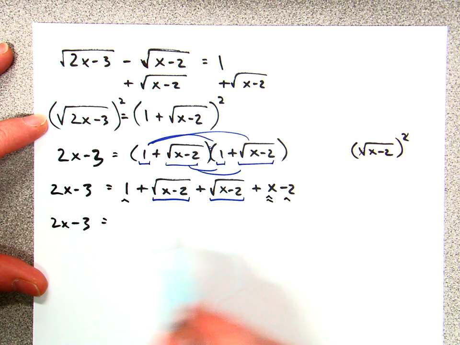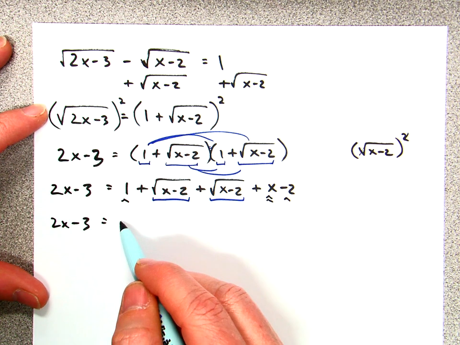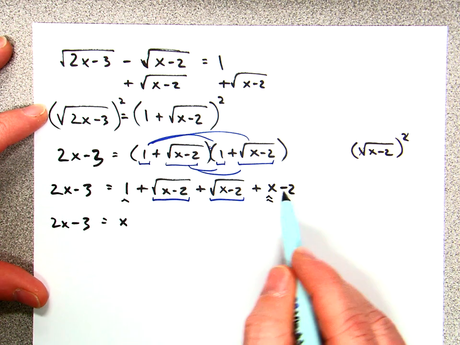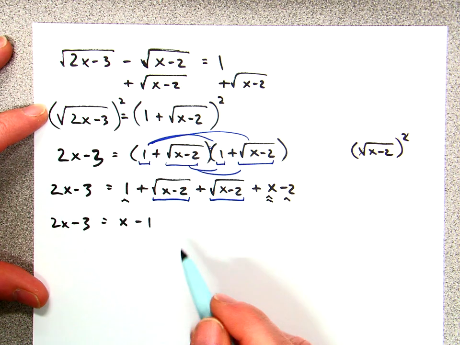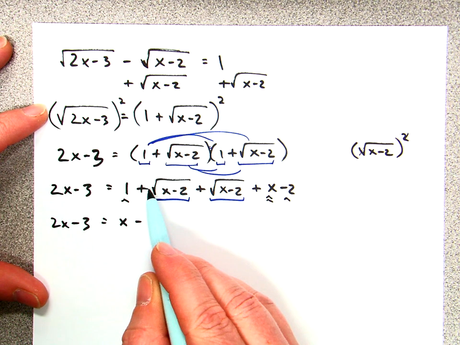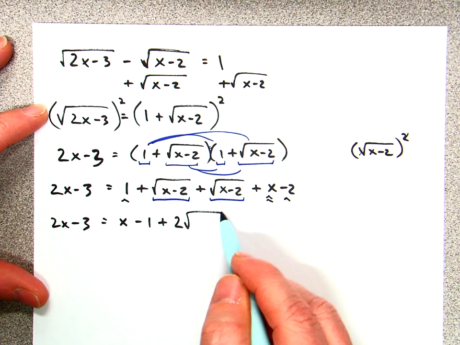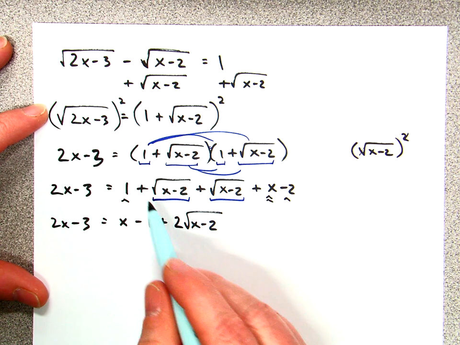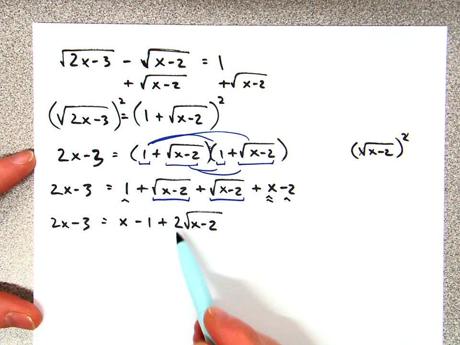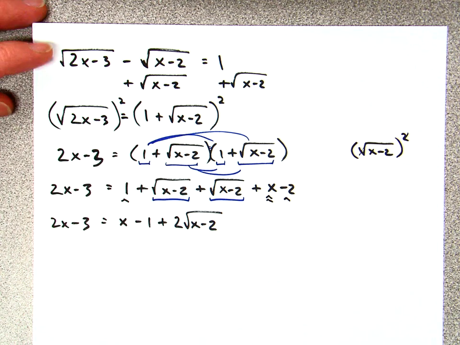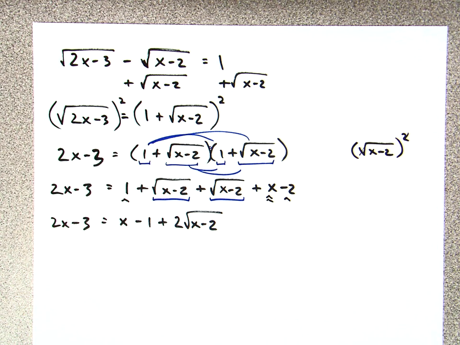So I'm going to write the x first, because he's just hanging out, just x. 1 minus 2 is negative 1. And then 1 of the roots plus 1 of the roots would be 2 of the roots, right? So as long as the roots are identical, then I can just add as a quantity, okay?